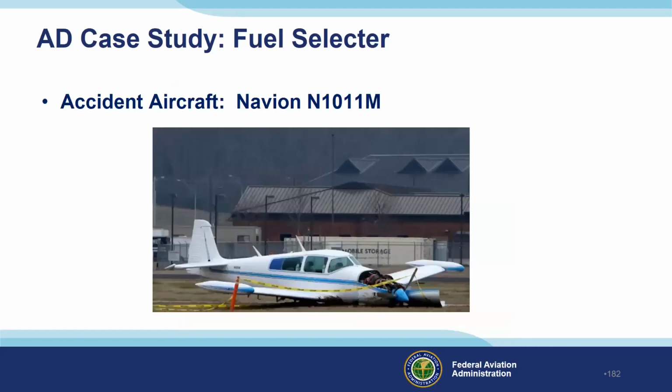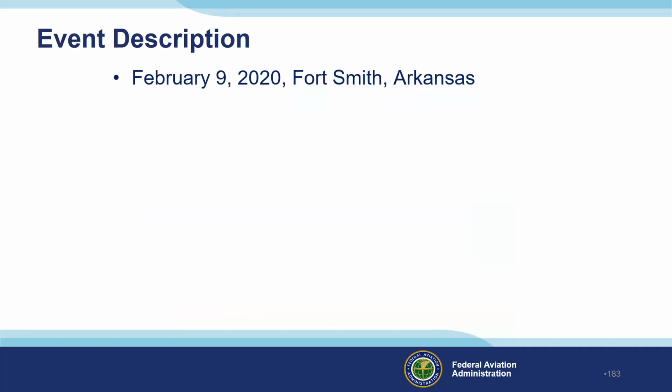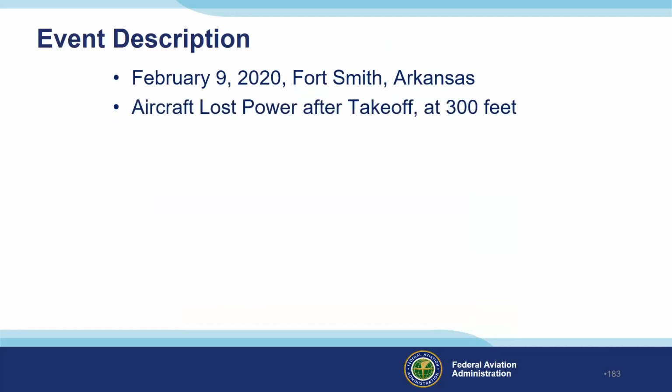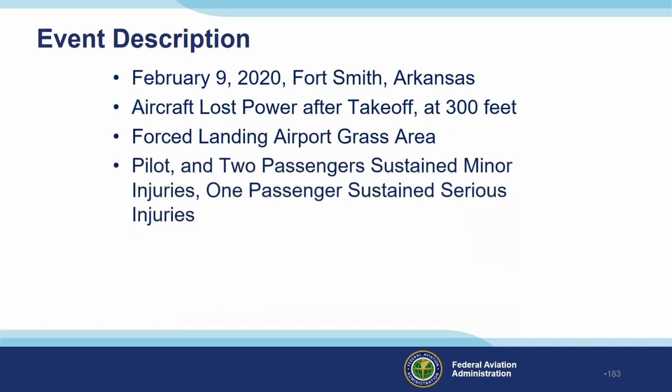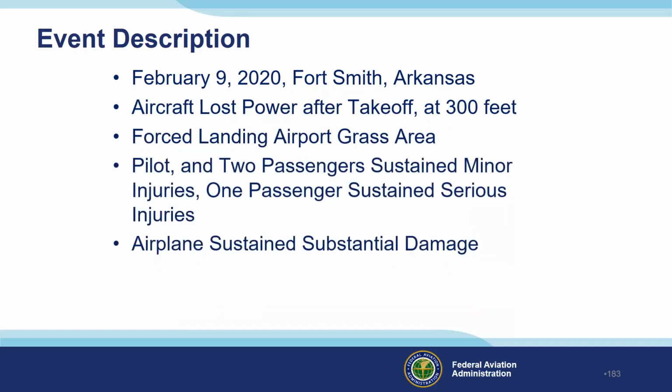And here's our last AD case study concerning a fuel selector. Aircraft was a Navion. Shortly after takeoff, this happened up in Arkansas. The aircraft lost power at about 300 feet AGL, forced landing in an airport grass area.